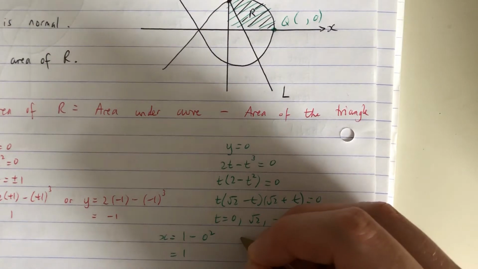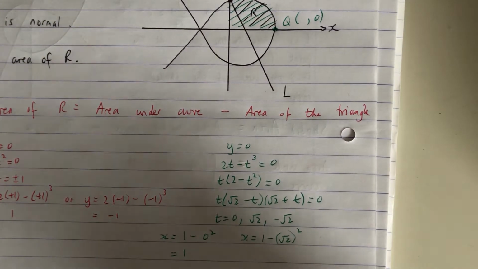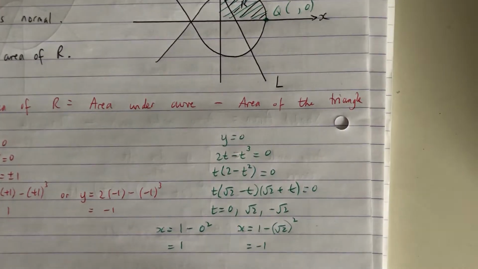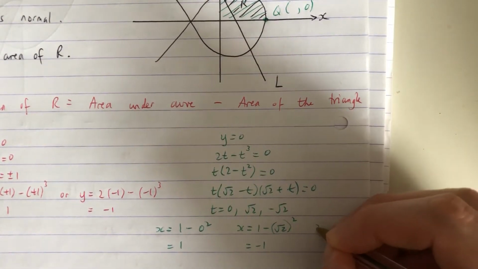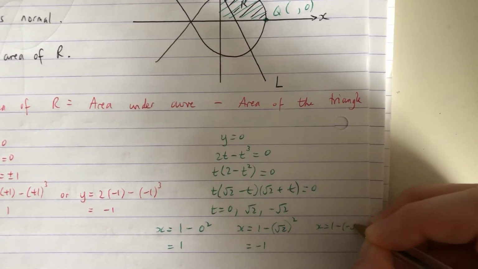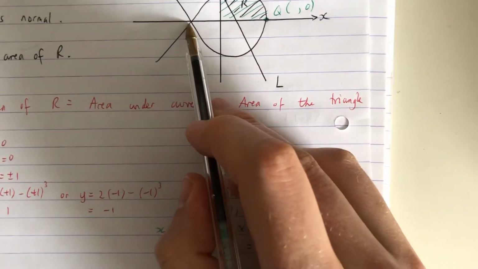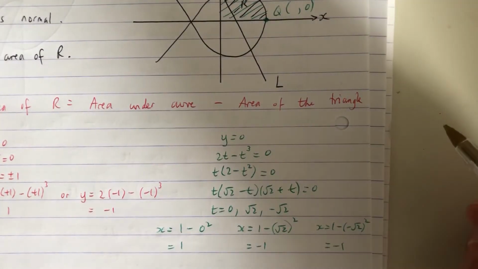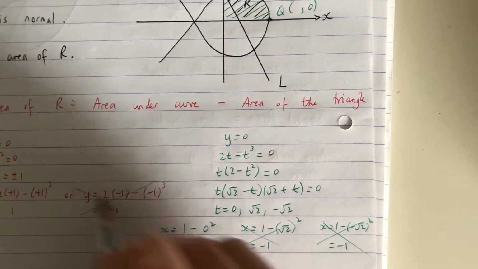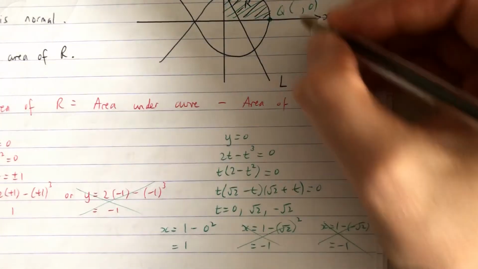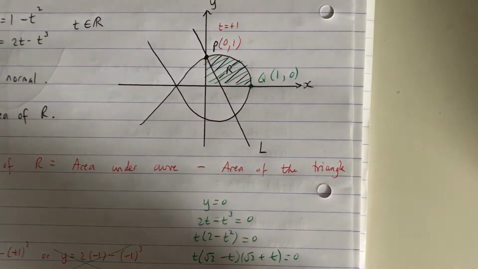Just to show you what the others would give you: x equals 1 subtract root 2 squared would give you negative 1, which is probably this point over there. And x equals 1 minus negative root 2 squared gives you negative 1 as well, which again is the wrong point. It's the one on the left. So those didn't count, which means the x coordinate is 1. And the value of t which produced that was t equals 0.